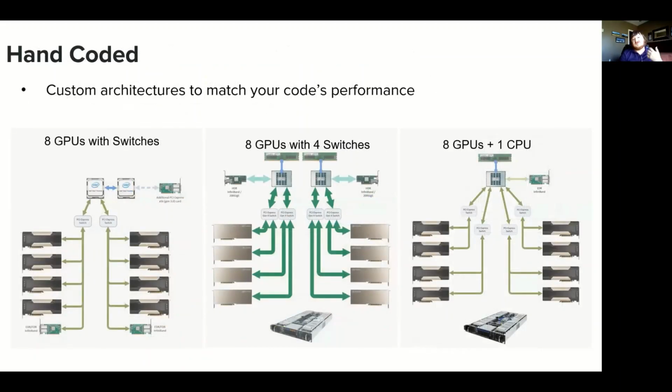Then finally, if you have a hand-coded application, you have custom architectures that can be designed to match that code's performance, whether it's something that dangles as many GPUs off of a single CPU as possible, something that's a more balanced architecture but high density, or something where you have a GPU code that is highly accelerated and uses very little CPU power. Then you may want to dangle all of the GPUs off of a single CPU and have PCI Express switches in that case.